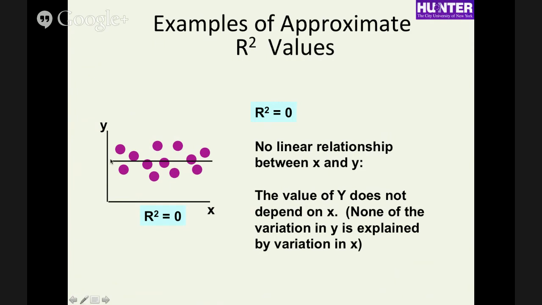Because it's just horizontal. Unless it were somehow placed somewhere other than at the mean, which it isn't going to be, then all of those differences in the regression prediction from the overall mean are going to be 0. So your sum of squares of the regression is 0. There's no relationship, or no linear relationship at least.